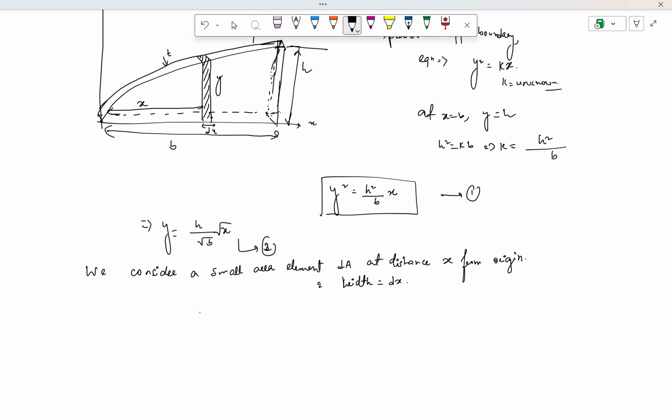So for this part, the volume is the area, y dx, times the thickness, which is basically the same as the thickness of the entire sheet.